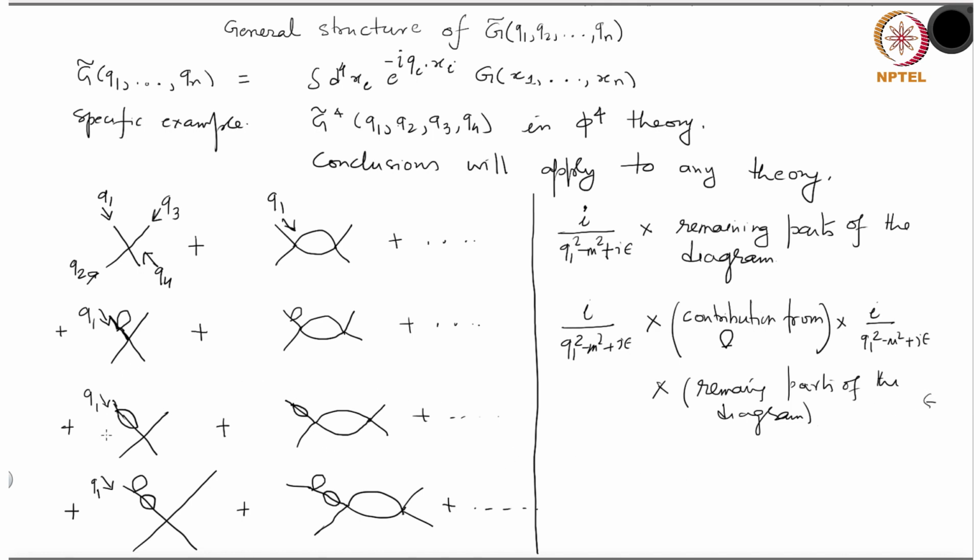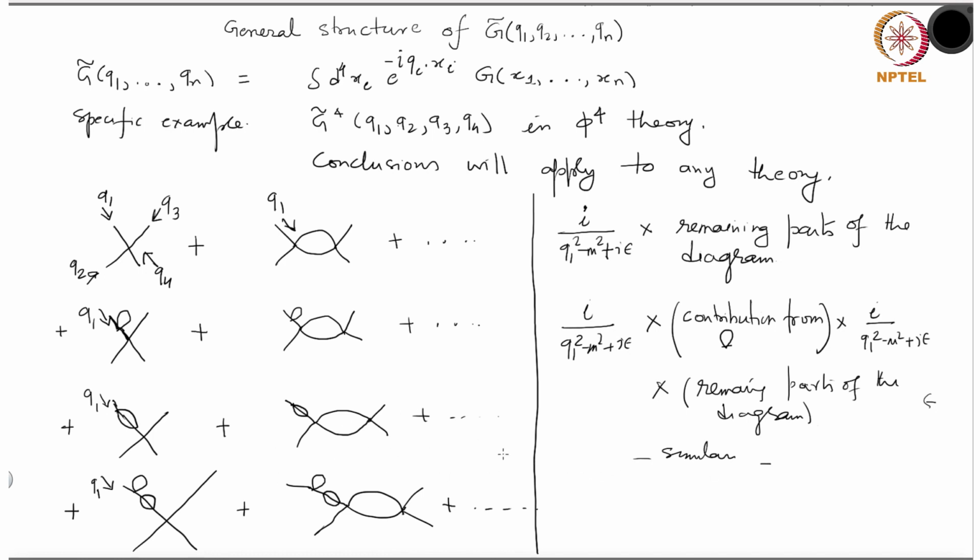Okay, let's look at the third one. The third one will also have exactly the same form as above. Instead of the contribution from the bubble, you will have the contribution from this part of the diagram, and similar thing, I don't want to write it again.